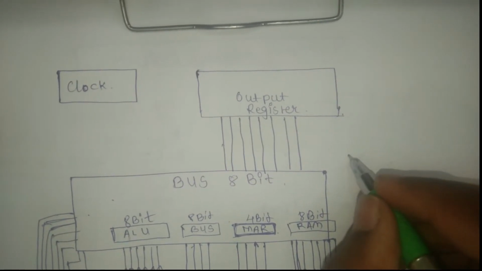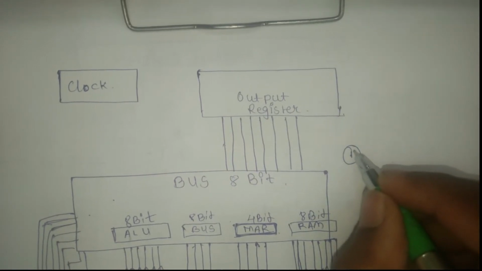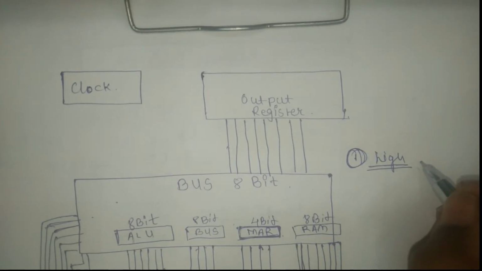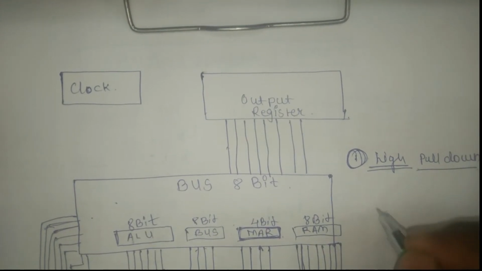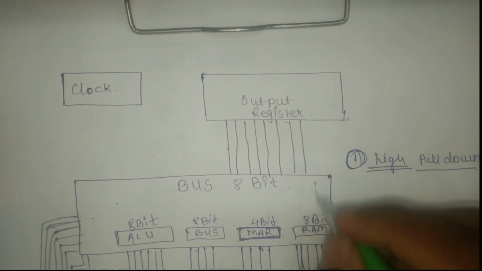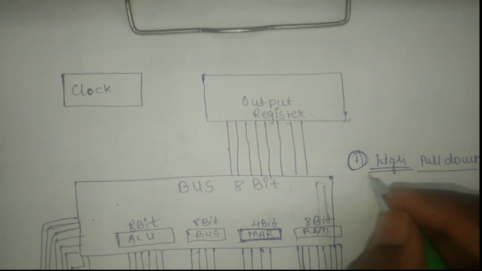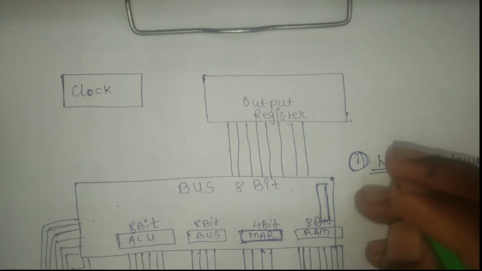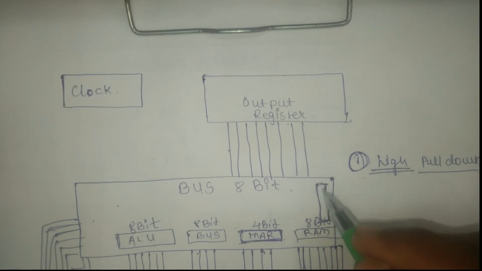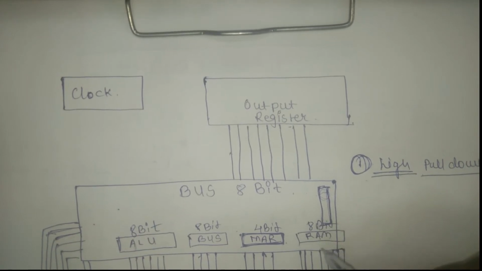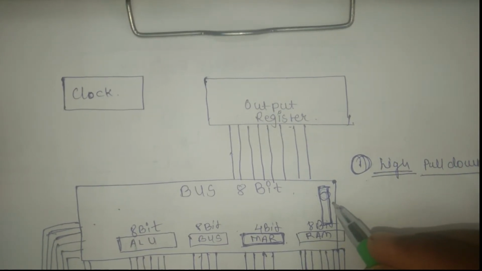The first problem is pull down. Even after the outputs on the bus are made low, there will be some residual high voltage keeping the pins high, and they will not go to their low level.